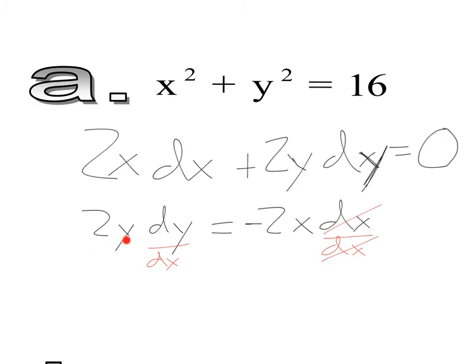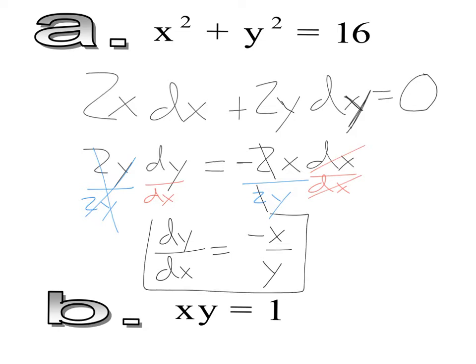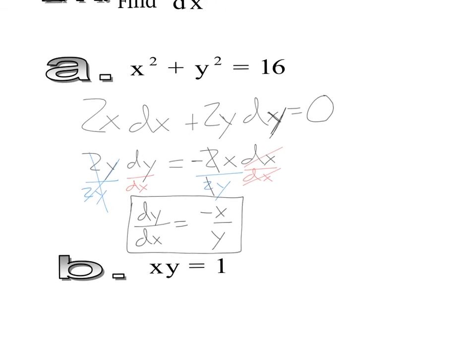Now I just need to get rid of this 2y, so I'm also going to divide both sides by 2y, and that'll cancel that out there. And so I'm left with dy over dx equals, these 2's can cancel out as well, negative x over y.